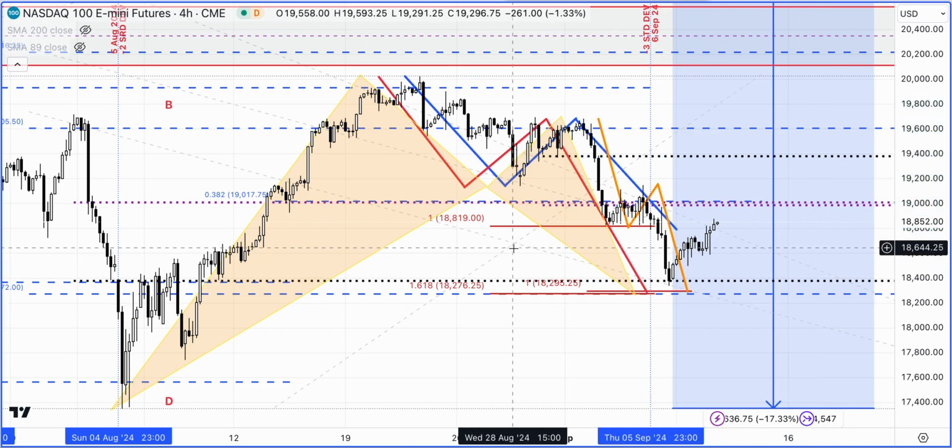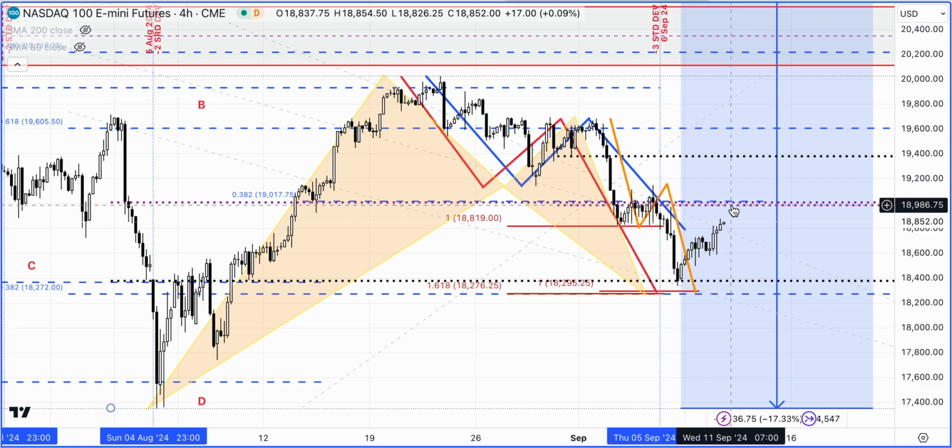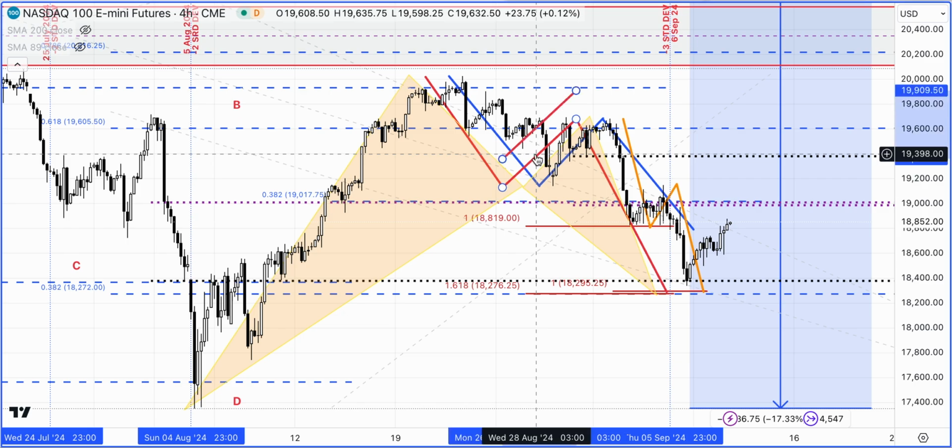So the chances are this market is heading a little bit higher, at least to 19,000. This is where we'll have some key resistance, and if the market is able to break above that, that's going to be really positive.